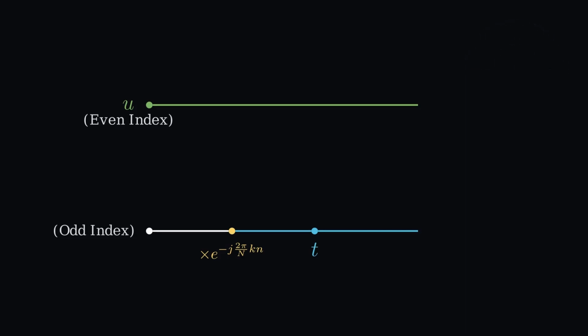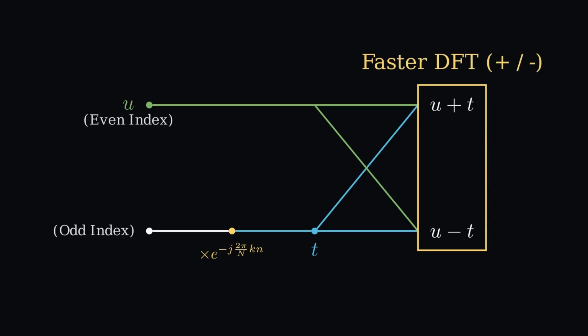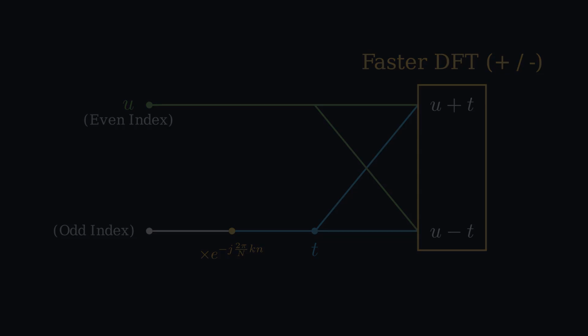This is what allows us to use the exact same calculation result again to get both the upper half and lower half of our block. We can calculate T once, and reuse it again for two completely different outputs. We add them together to get the upper path, and subtract them to get the lower path. Just like that, we have compressed our DFT to work much faster, across many samples using just addition and subtraction.